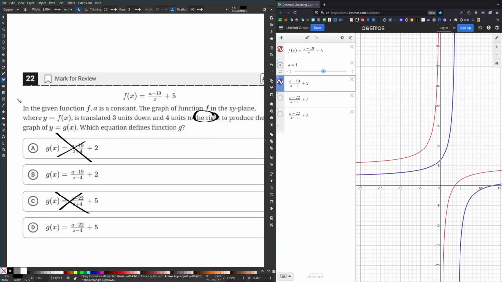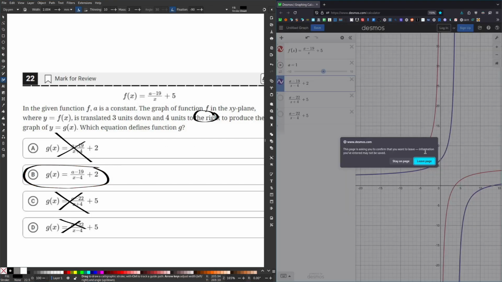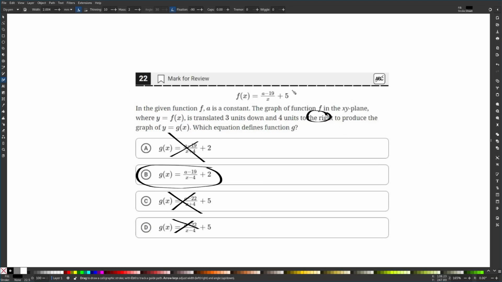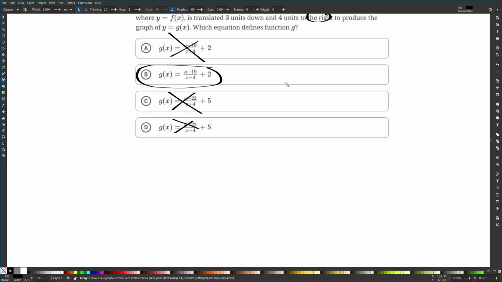So that's for that one. I would say it's not D either, since this is a cleaner version of 3 units down. Okay. Hopefully that helps for calculator usage. And now for the next one.